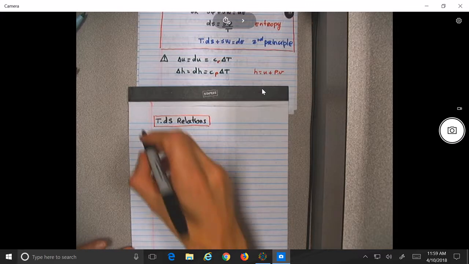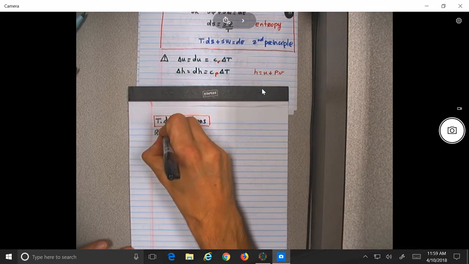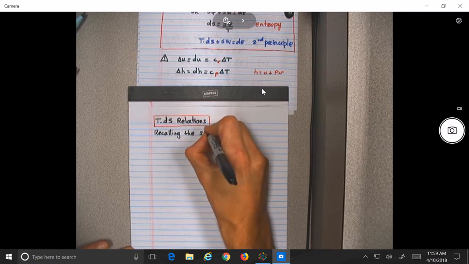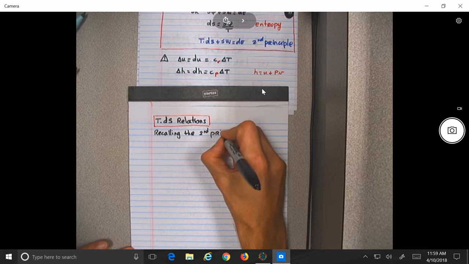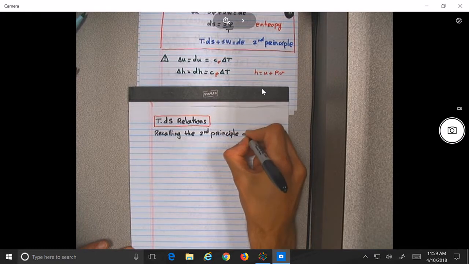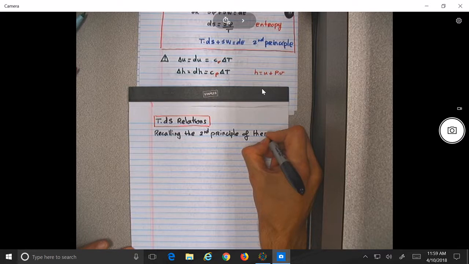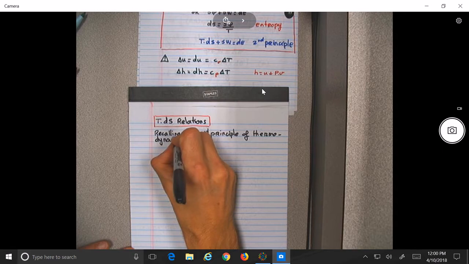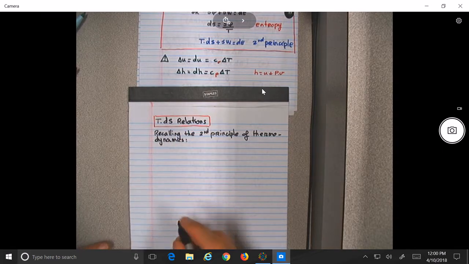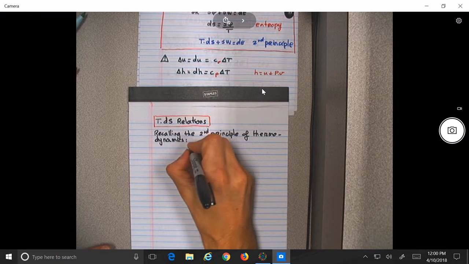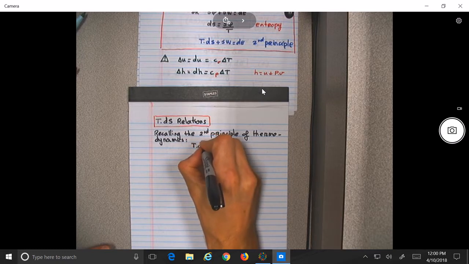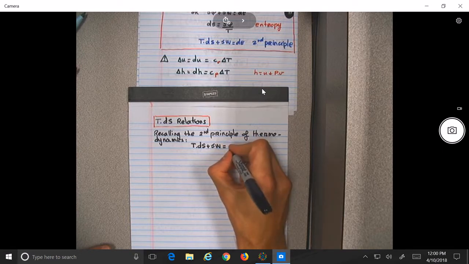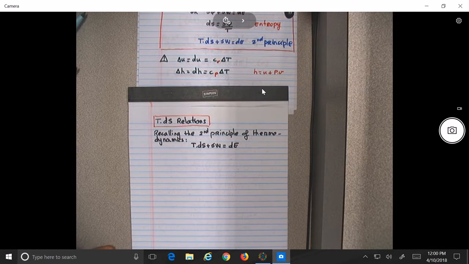Okay, so I'm going to say, recalling the second principle of thermodynamics, what do we have? We have the equation TdS plus change in work equal to what? Change in energy.